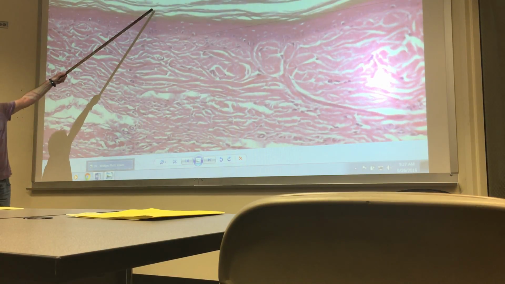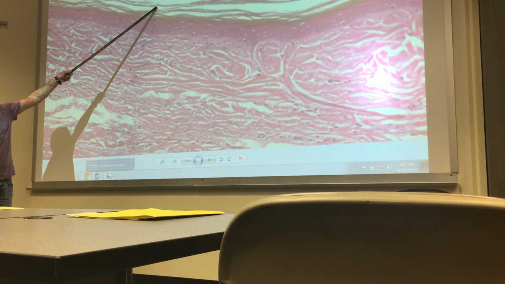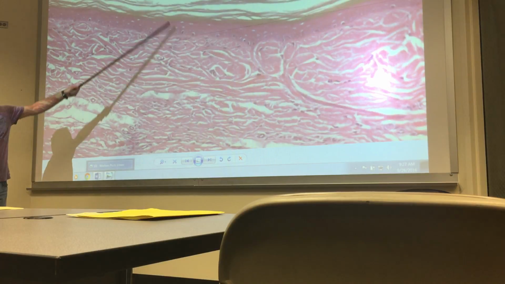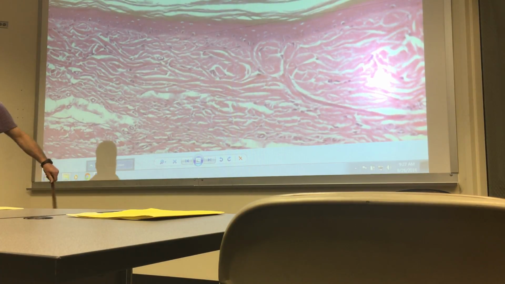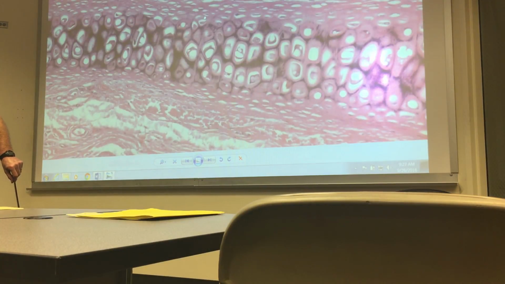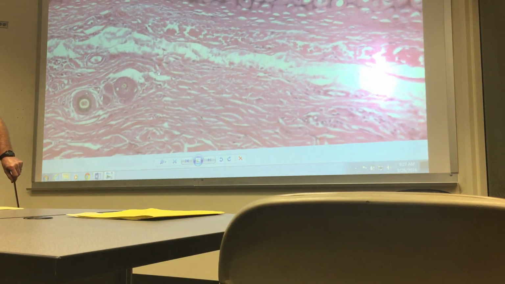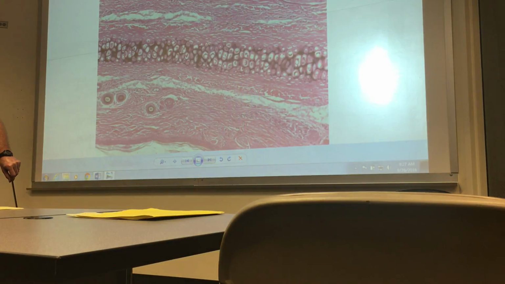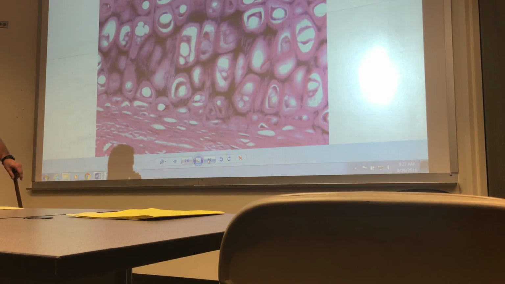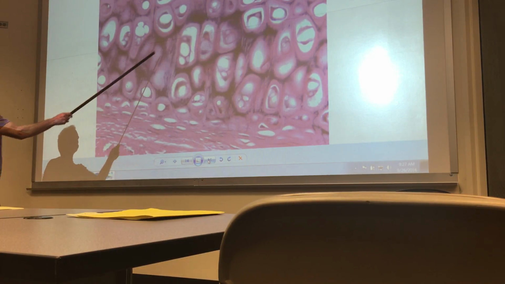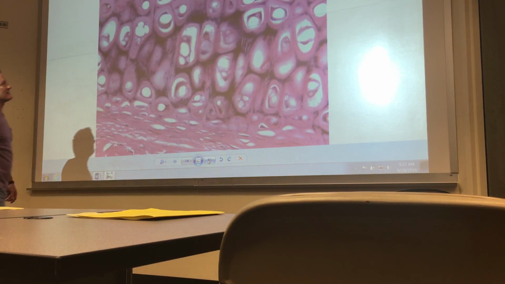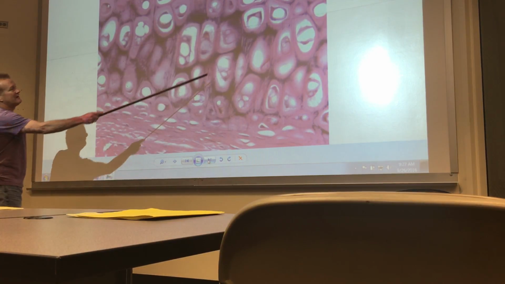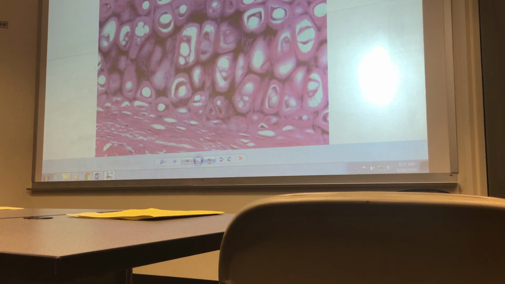The superficial most aspect of the epidermis, the cells are actually flaking off. So we've got skin, and then in the middle, the elastic cartilage, and then on the other side, more skin. We can zoom in on the elastic cartilage and actually see that's what all these little black things are, the elastic fibers. We've got the chondrocytes and the lacunae.